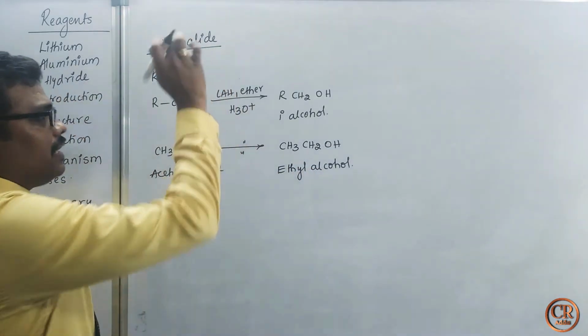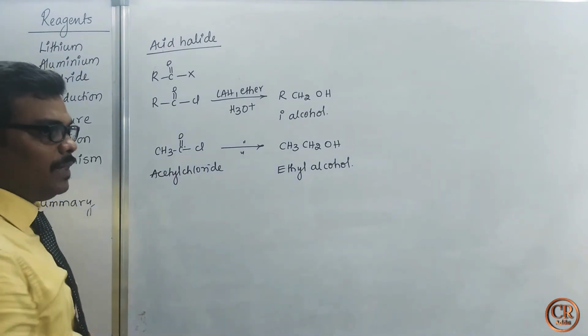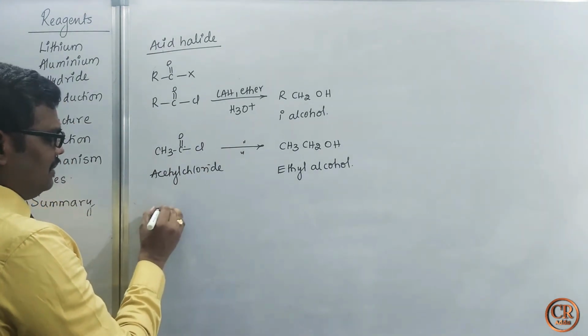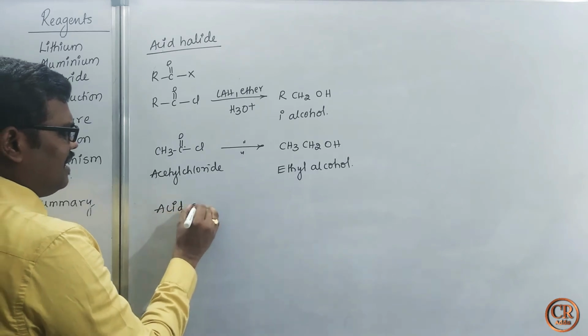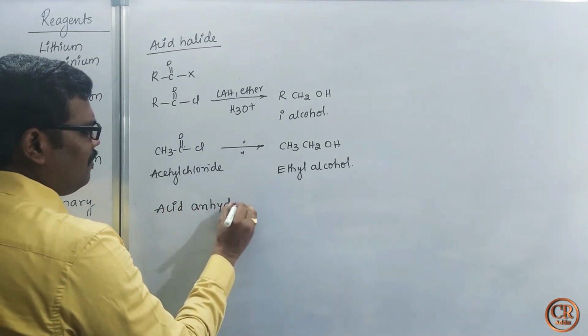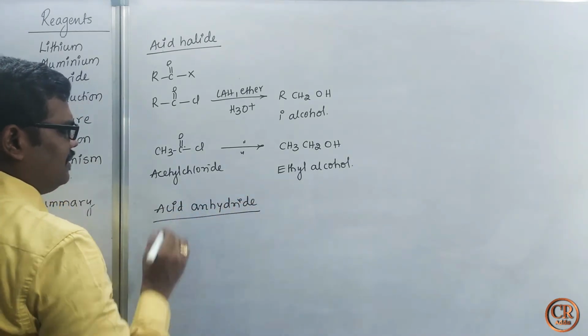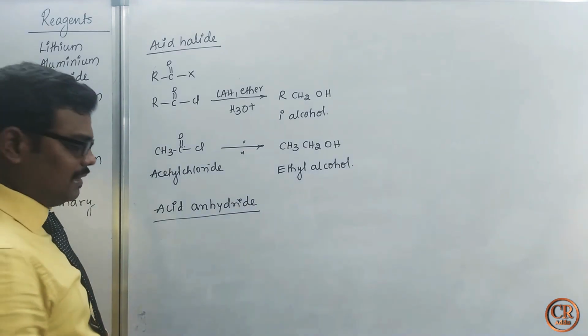This is second acid derivative. Now if you take a third acid derivative, acid anhydride. Acid anhydride is a derivative of carboxylic acid.